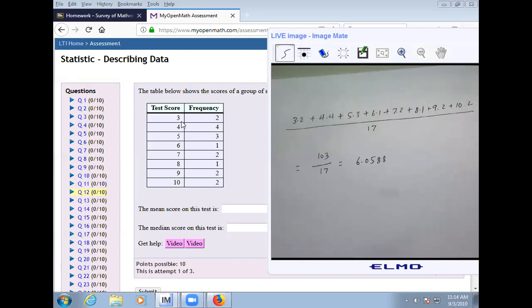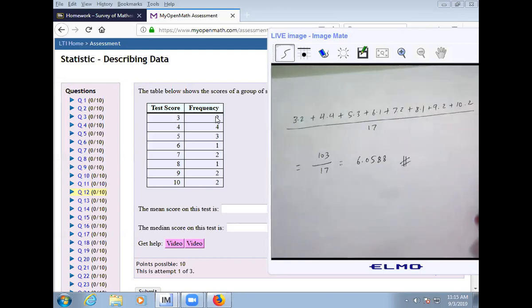But instead of giving you this small table, if I give you data for, let's say, thousands of data, then writing that way is very time consuming. Make sense? So we don't do that. So this is the way you have to follow. Frequency times data plus frequency times data plus frequency times data, divided by the total number of frequency. That's how you find the average. Good?